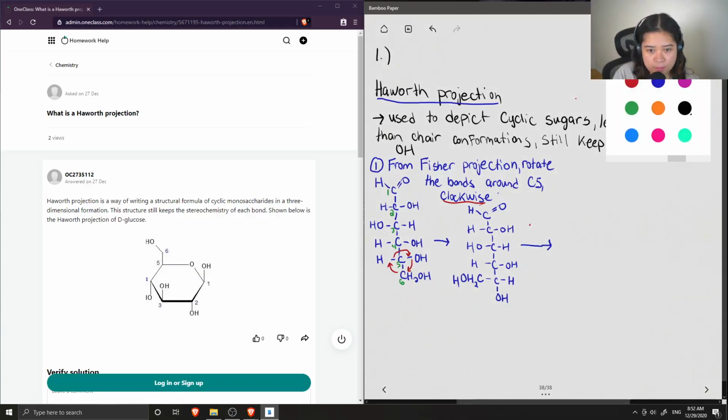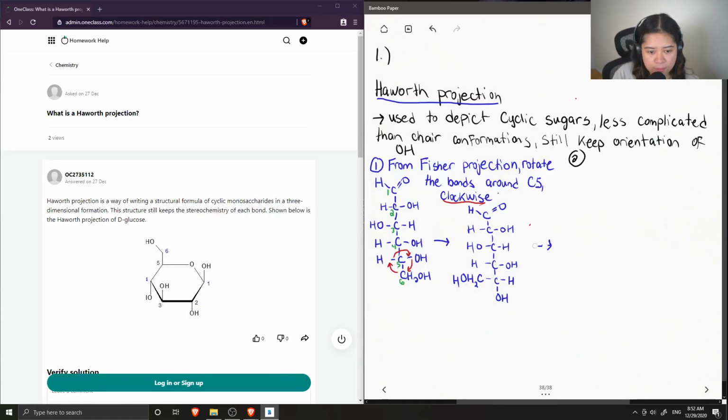So now I'll just write step 2 up here. You'll write the arrow going up.